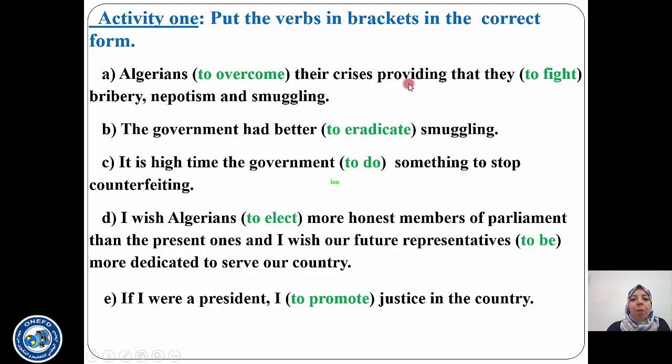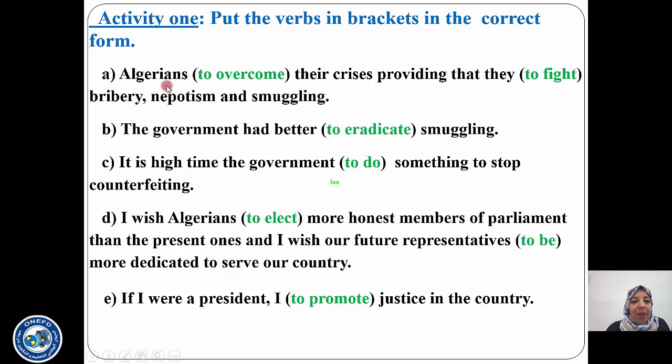So as you have studied in the use of providing that, two tenses should be used with this conjunction. Providing that should be followed by the present simple, in the clause that expresses condition, and the future simple should be used in the result clause.